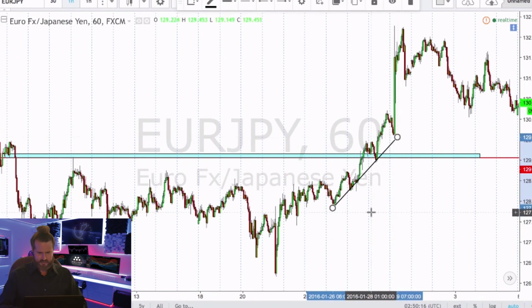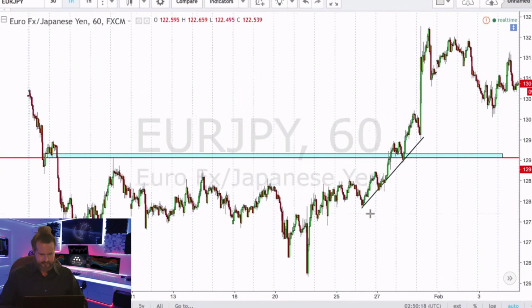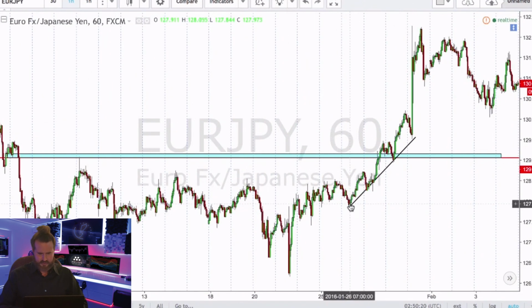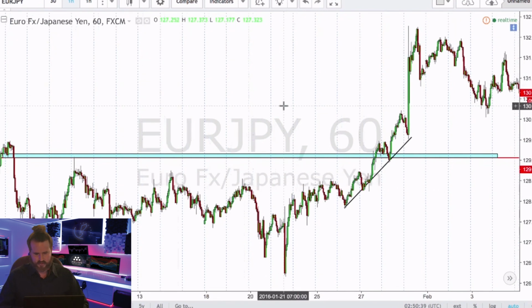So look closely. The fact that it's tested off of here once, twice, three times, and this is a slanted level of floor. This is a level of support. There was a zone here, price reversals, and the fact that support was previous resistance. It's the pullback that gives us all the confirmation we need for this trade setup.